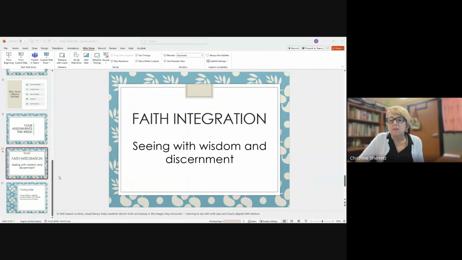And I believe that teaching students how to interpret visual literacy supports that wisdom, supports that discernment. There's so much that our students come across that is not true, it's not accurate, and we need to teach our students wisdom and discernment and how to accurately look at information and interpret that correctly. And so it does align with our faith.